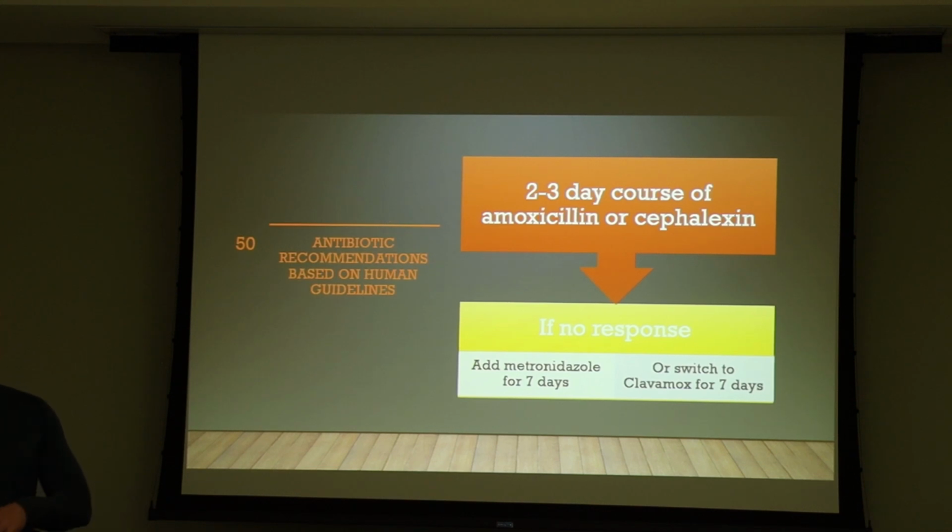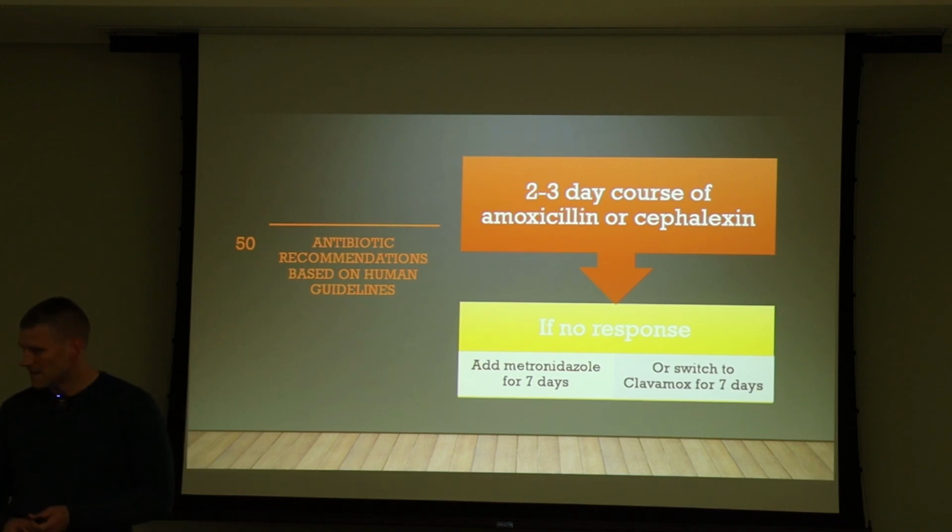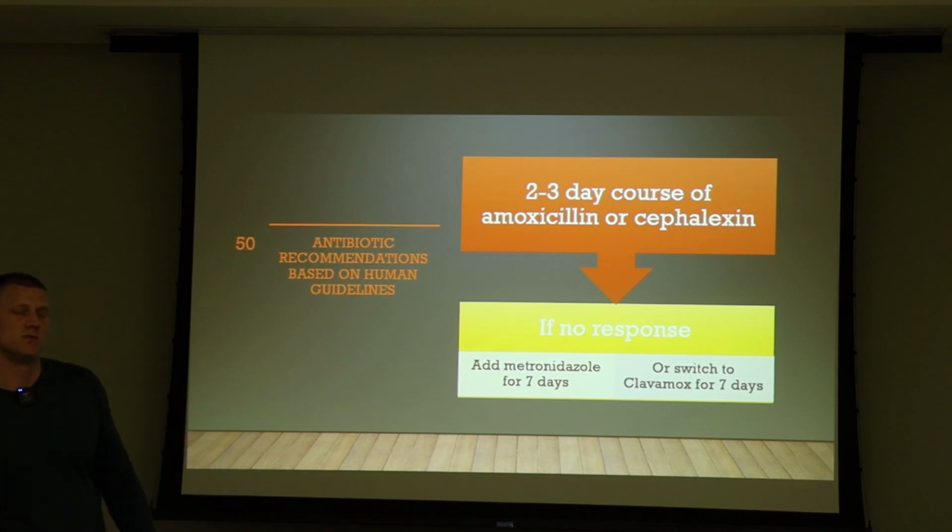Then you look up the rate of adverse reactions to just Clavamox, and the adverse reaction rate is like 10% or something like that. So you're going to get a lot more issues than good things out of that.